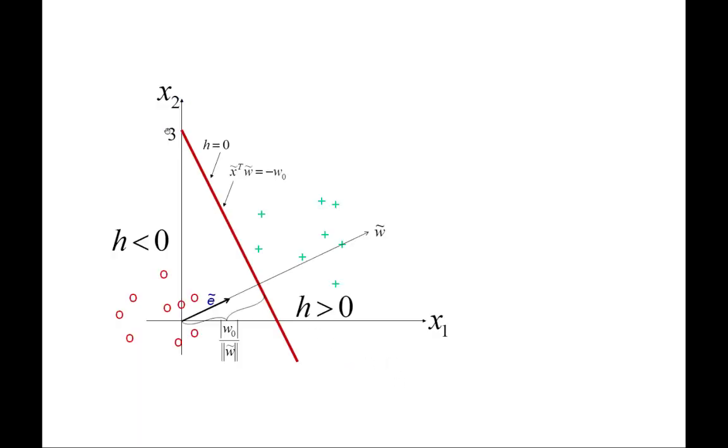So that's shown over here. This is the separating hyperplane. This is e tilde, which is perpendicular to the hyperplane, and the distance between 0 and the point where it hits the hyperplane is magnitude w naught divided by the length of the vector.